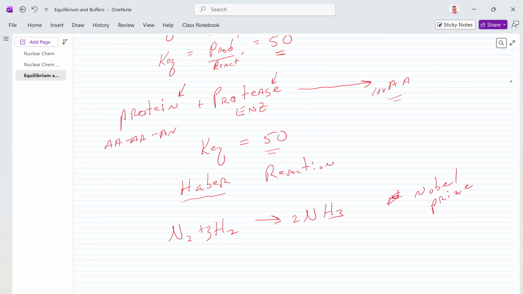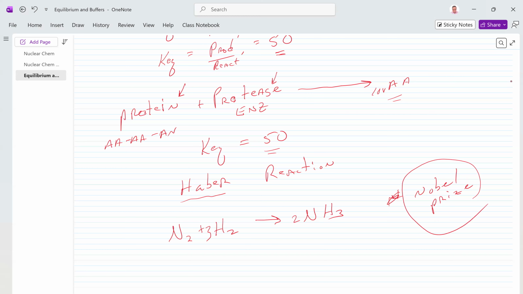The reason why he died a pauper, he let the Germans talk him into working for them making tear gas and mustard gas for World War I. So after World War I, he was not a popular guy at all, even though this is a very, very, very significant reaction. So they took away his Nobel Prize, and he died literally a pauper.